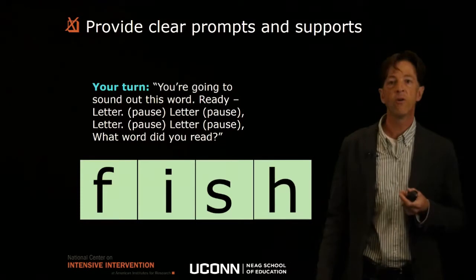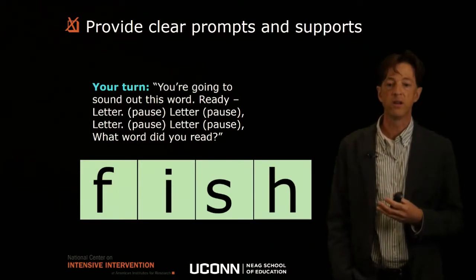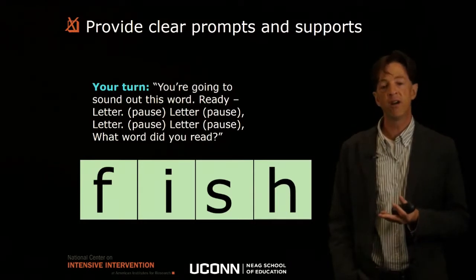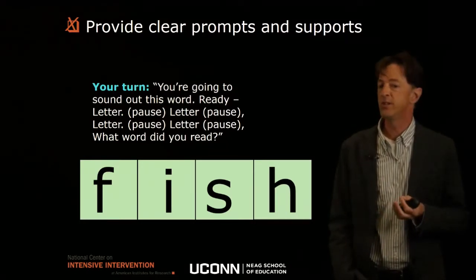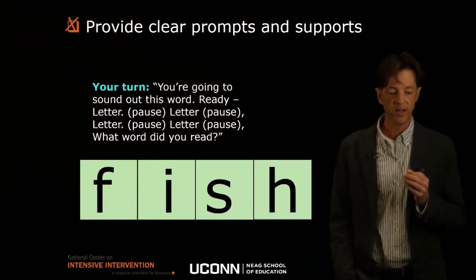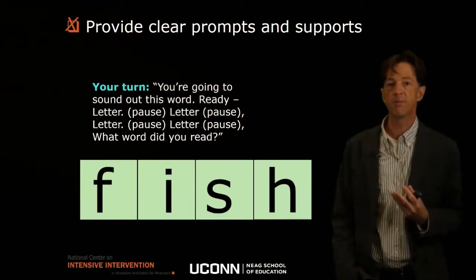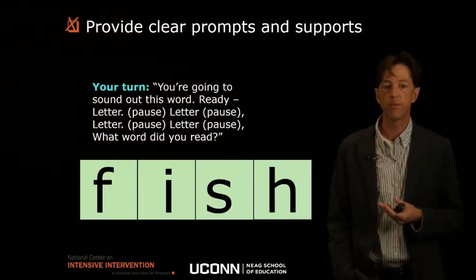So you can't really go f, i, s, h, fish. That's not going to work, right? So these are effective material supports, but we're not really using them correctly because we have the consonant digraph sh, which is 2 letters that make one sound, in 2 separate boxes, which is providing the wrong kind of prompt and the wrong kind of support.